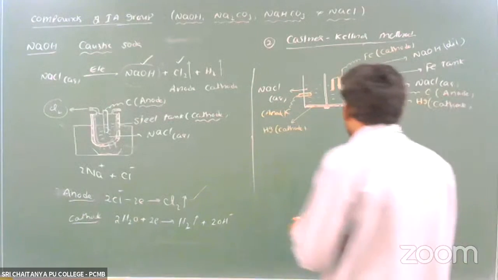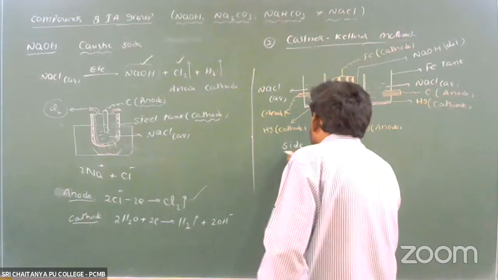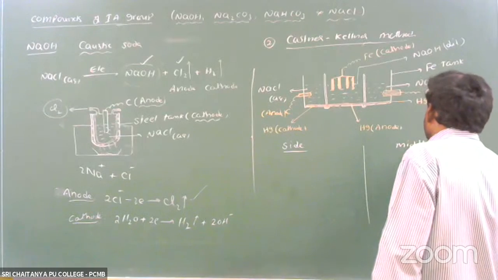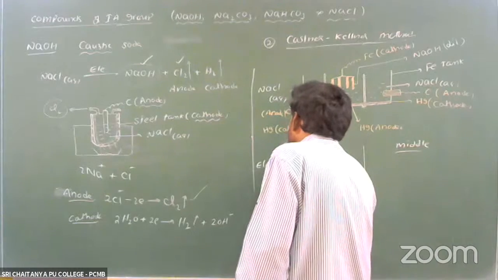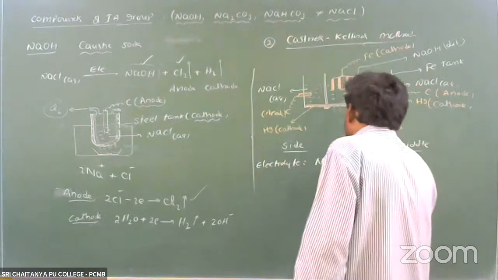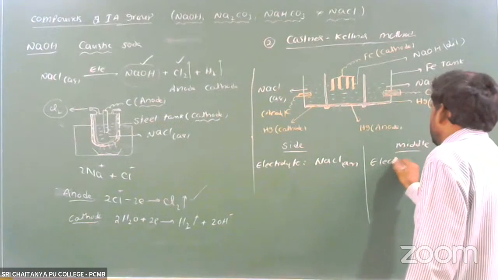Reactions take place in the side compartment and in the middle compartment. What is the electrolyte? Electrolyte is aqueous sodium chloride. What is the electrolyte in the middle compartment?